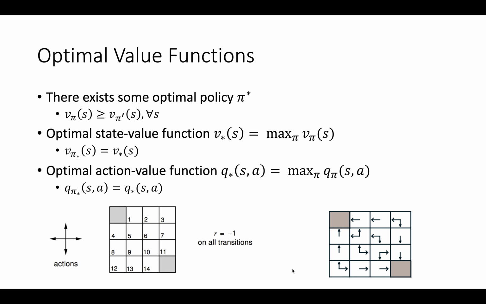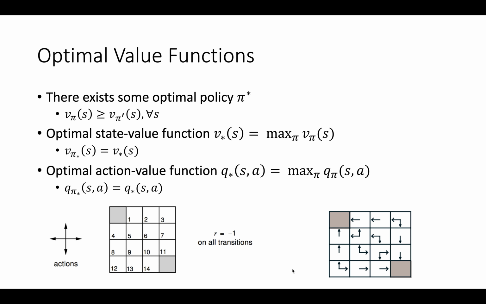So in any MDP, there's some optimal policy pi star. The way we define this optimal policy is that for any state S, the value of this state under our policy pi is greater than or equal to the value of that state under any other policy. We can also define the optimal state value function and the optimal action value function.